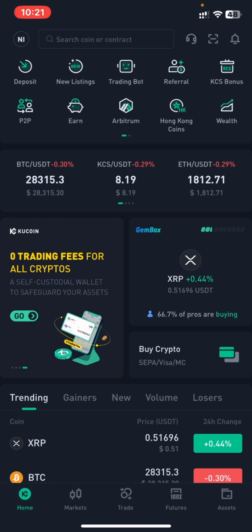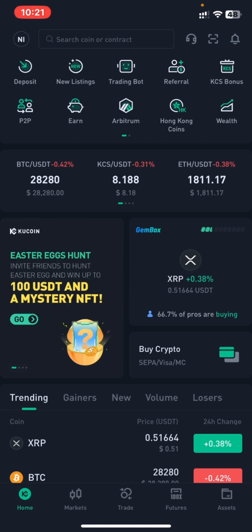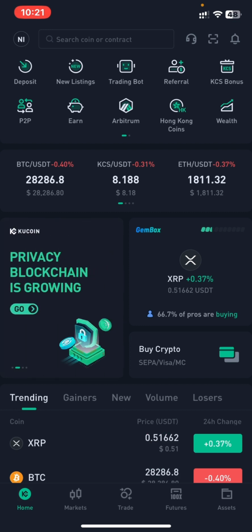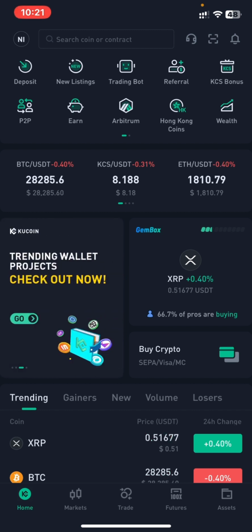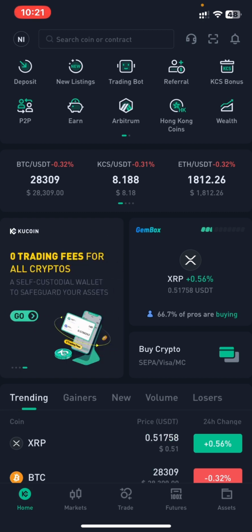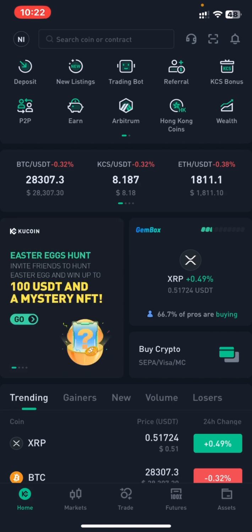The reason why I created this Telegram group is there is this concept of buying token sales, but with $100 or $20 or $50, you won't be able to buy token sales and make a lot of profits, because people are making a big amount of money with buying just token sales. But for you to be able to buy token sales, you have to have a lot of capital.